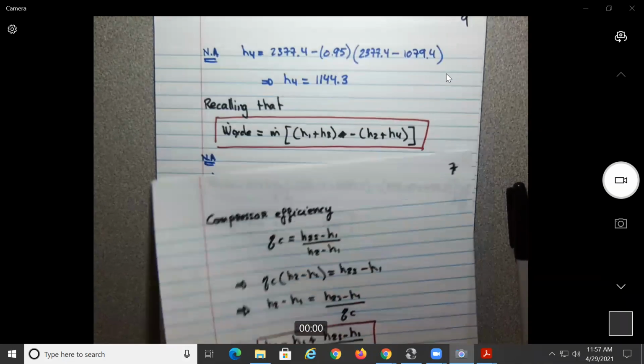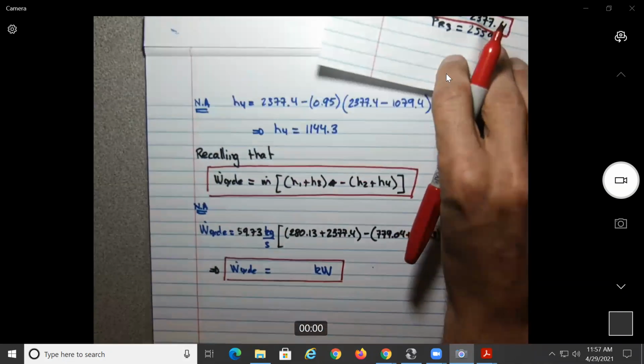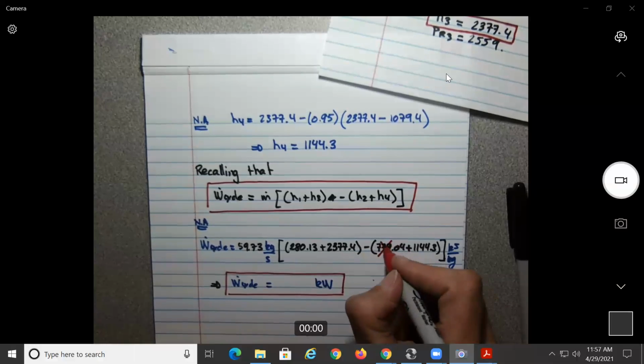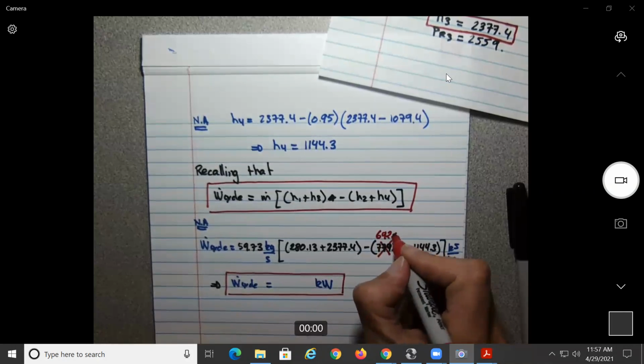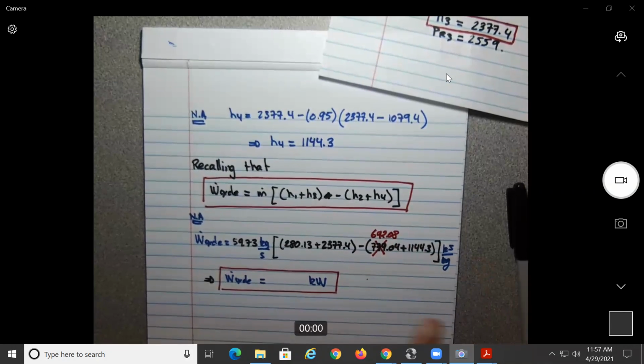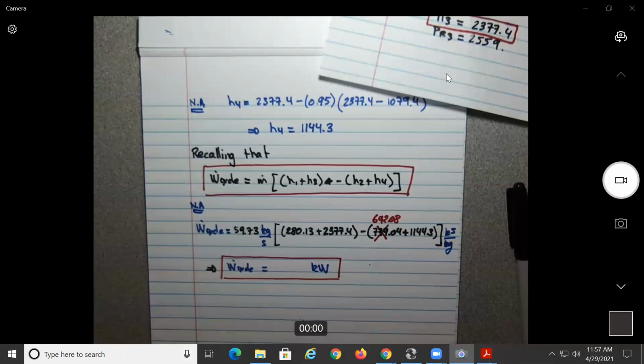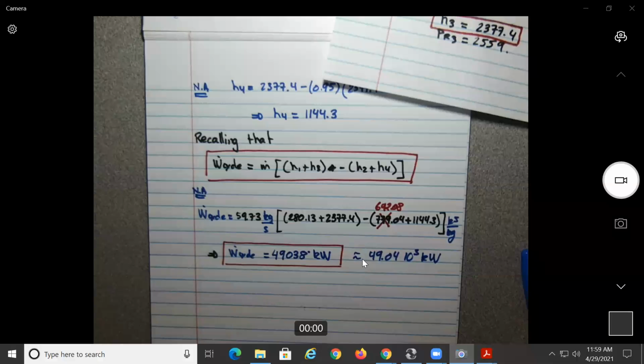So now H2 should be this term over here, 692.08. And if you use now this data, what do you get for the power of the cycle? Okay, so you do this, gives you approximately 49.04 times 10 to the 3 kilowatts. So again, guys, remember that the important part here is the procedure, the numbers. Easy to make a mistake, no?